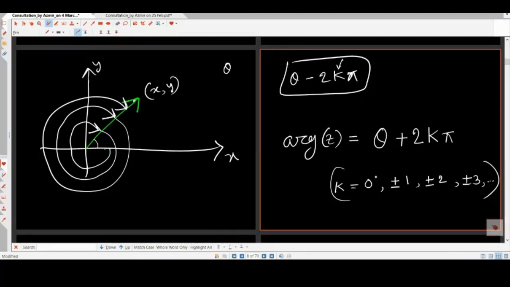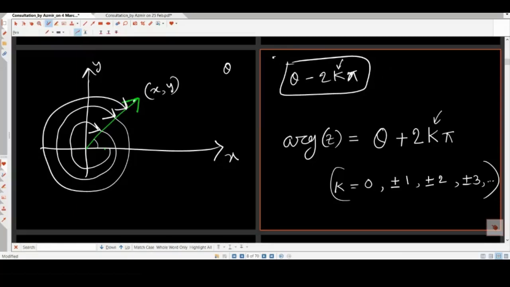So that means k can be positive, k can be negative. If k is positive, it is denoting counterclockwise rotation. If k is negative, it is the clockwise rotation.